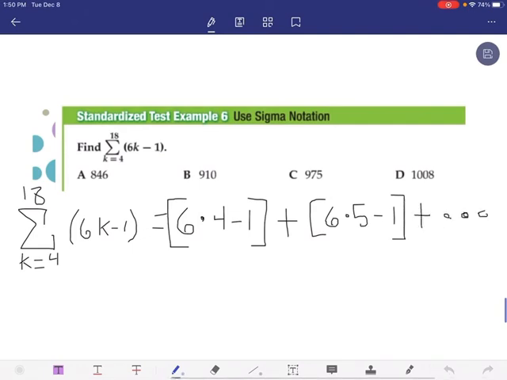And then we're going to add, and we're going to keep going until we get to plugging in 18. Okay, but notice that would be a really long process to try and do all of those. So we want to be able to use that formula instead.